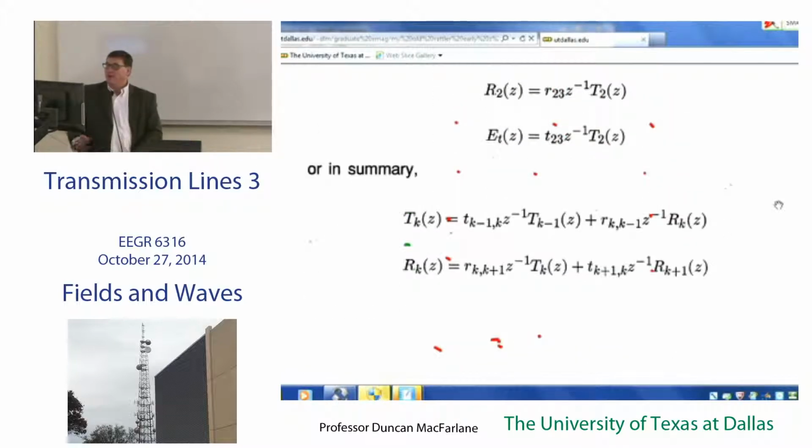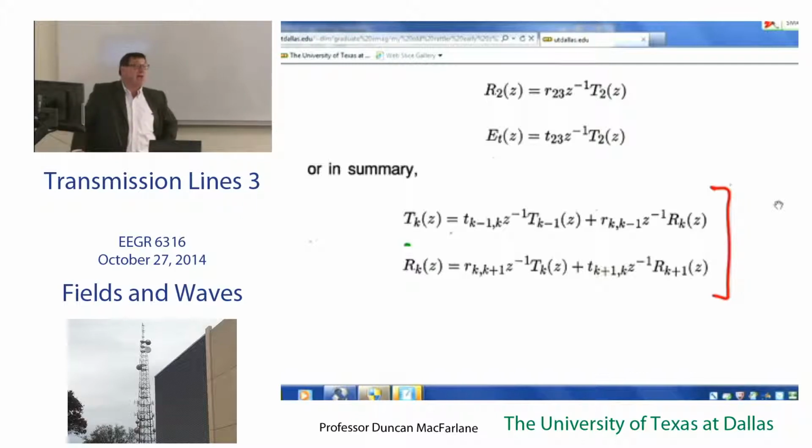Okay? And again, I can generalize on this. The nice thing about the notation that we worked through, the reflected waves in 1, the transmitted waves in stage 1, is we can now get general equations of motion, so I don't have to write them all down all the time. Okay?